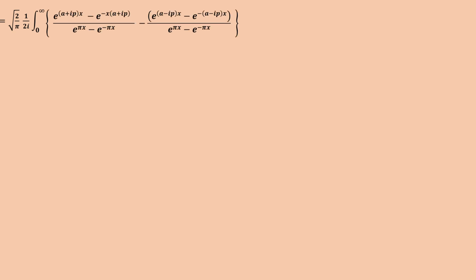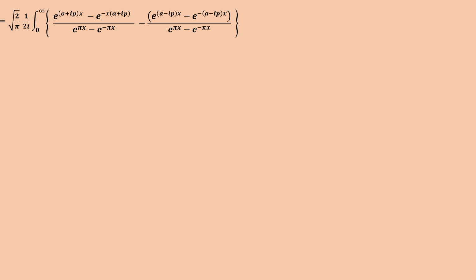So that is equal to root 2 by pi, 1 by 2i, integral 0 to infinity, e power a plus ip into x minus e power minus x a plus ip by e power pi x minus e power minus pi x.